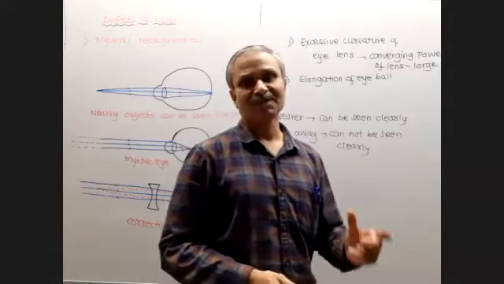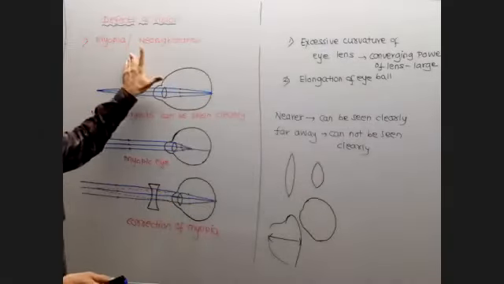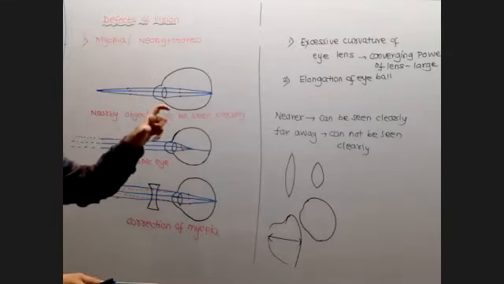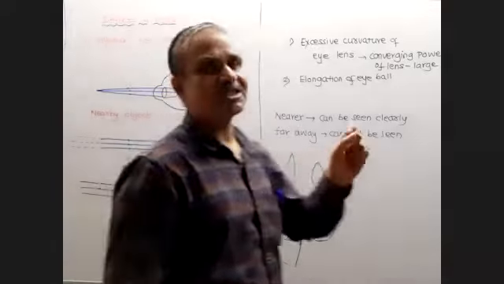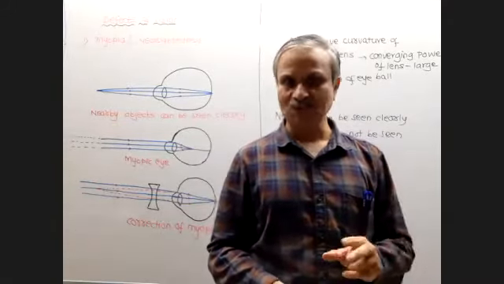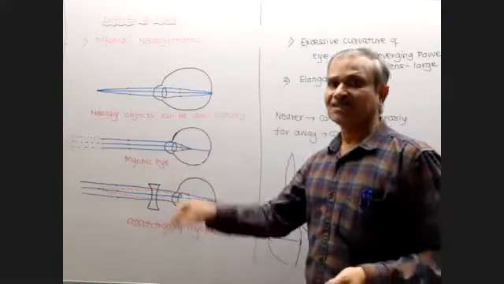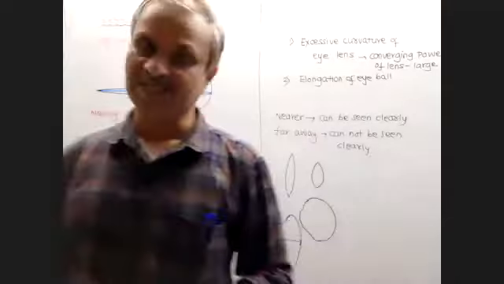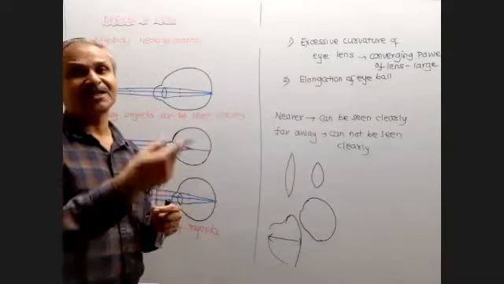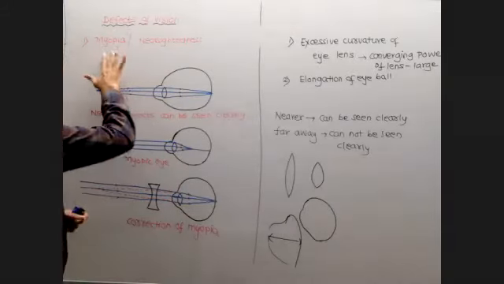Since the focal length of the concave lens is negative, its power is also negative. Means those who are suffering from myopia, their eye number is always negative. Because what is eye number? It is the power of the spectacles you are using. Since the concave lens is used here, the power is negative. Okay, remember, those who have negative power are suffering from myopia.